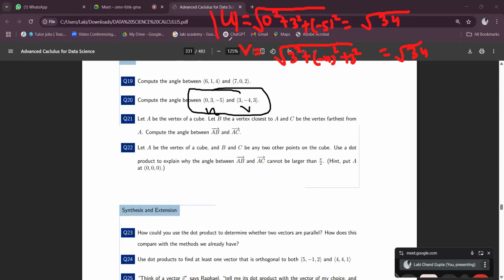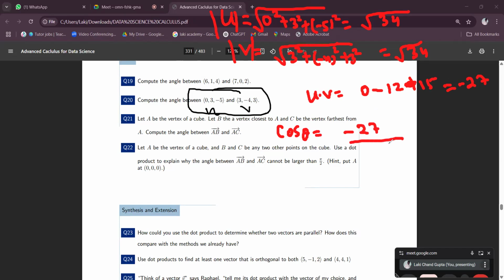This is mod u and mod v, right? U dot v is what? Minus 27, right? Minus 27 over 34.